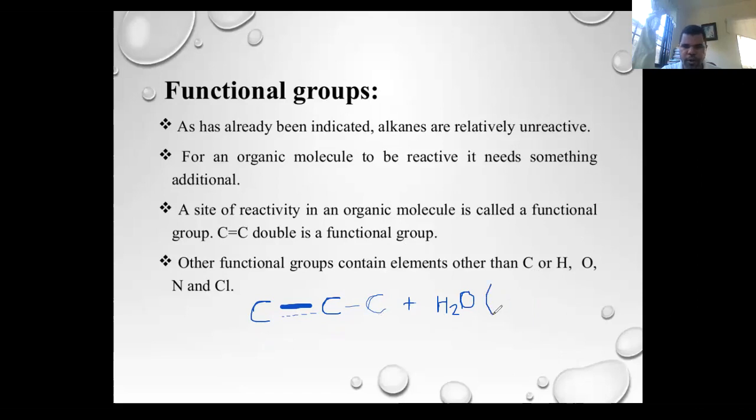Remember that water is 2 hydrogens and 1 oxygen. So you have hydrogen, bond, oxygen, bond, hydrogen. So when these 2 substances mix, it could be any alkene, any organic molecule with a double bond. Now the water molecule breaks down, okay?